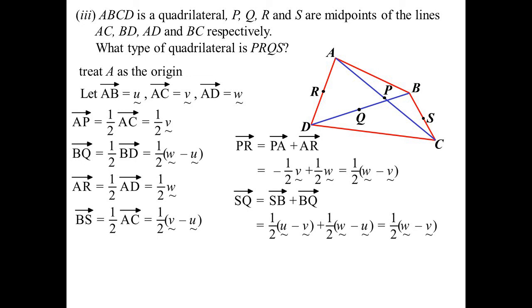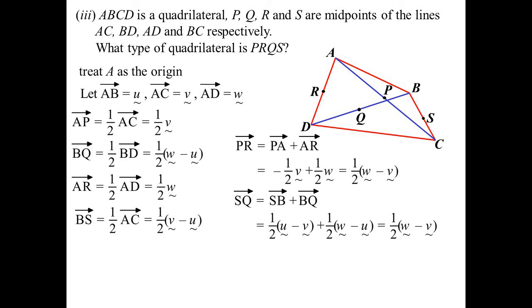Now, SQ. Well, SQ, again, I could smash together SB and BQ. Have I got those ones? Well, I've got BS, so SB would be the negative of that, so half of U minus V. BQ, yep, there it is. That's going to be half of W minus U. Adding those together, we get a half of W minus V. Look at that.